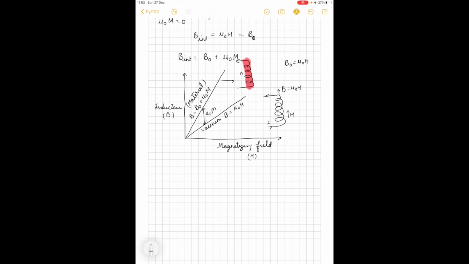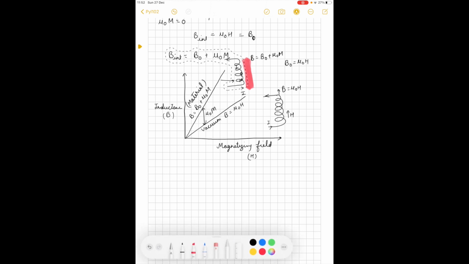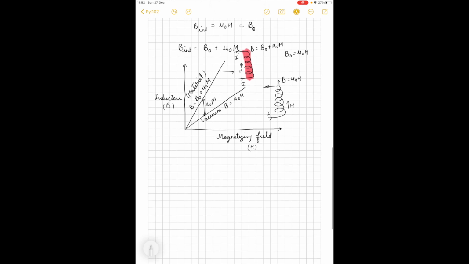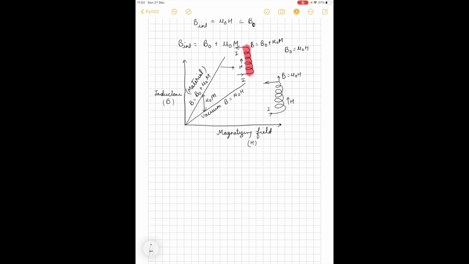So then there is, let's say, this H, and B is equal to B naught plus mu naught M. Okay, and here the I. All right, so this is how a current carrying coil generates a magnetic flux inside a magnetic material, and what the relation is between the induction and the magnetizing field.